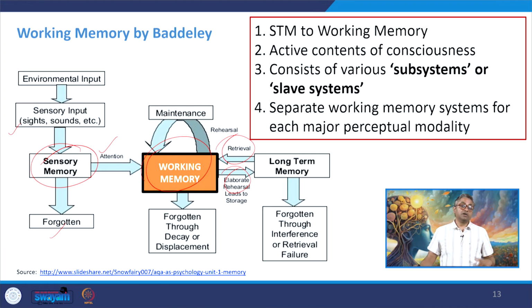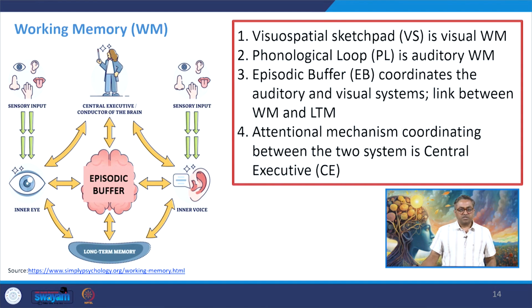Hence, he brought in a new system, the buffer, which was not only doing the selection of the information, but also ensuring the information transfer from working memory to the long term memory system. So separate working memory systems were there, each based on different perceptual modalities, different types of memory systems.